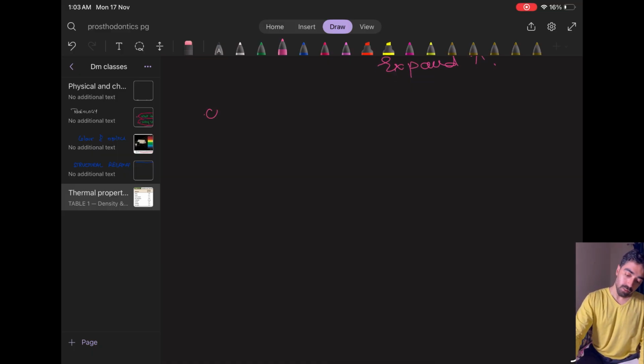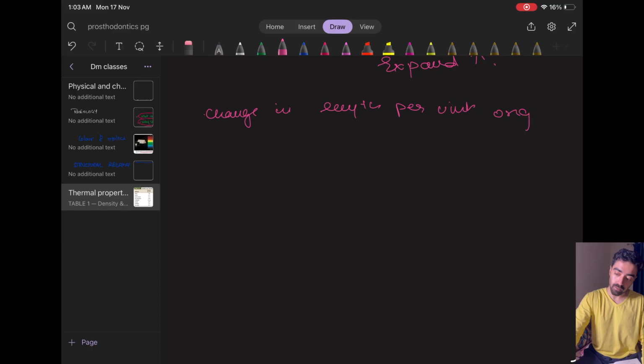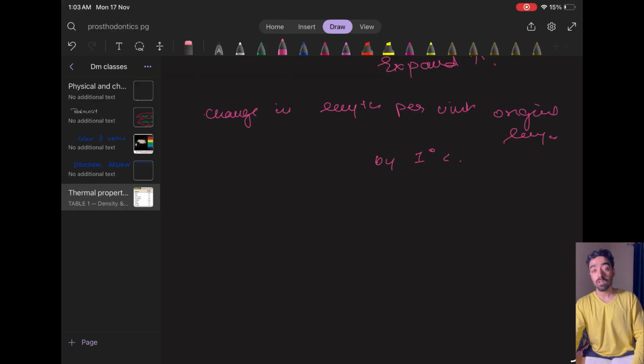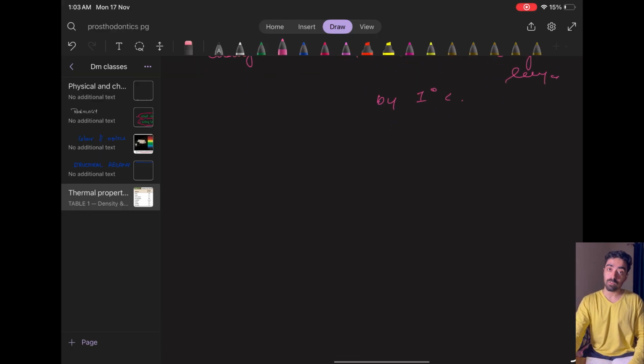So the change in length per unit of the original length by providing 1 degree Celsius is known as coefficient of thermal expansion. Now the marginal leakage is very important here.